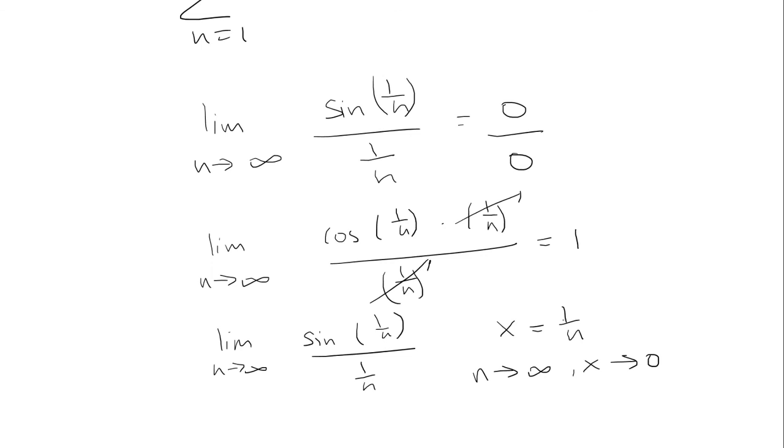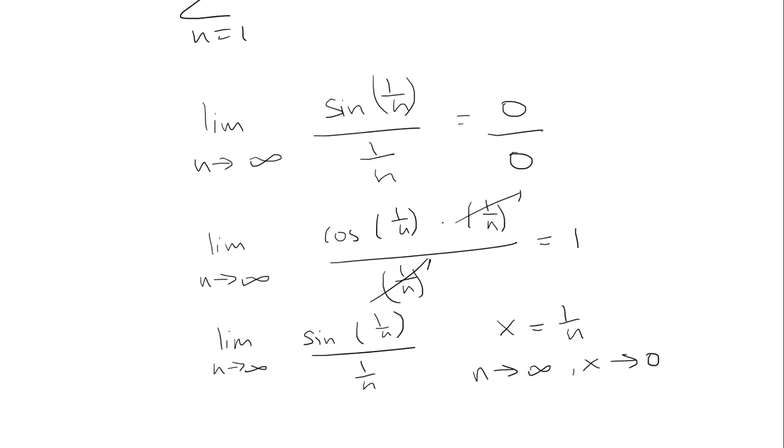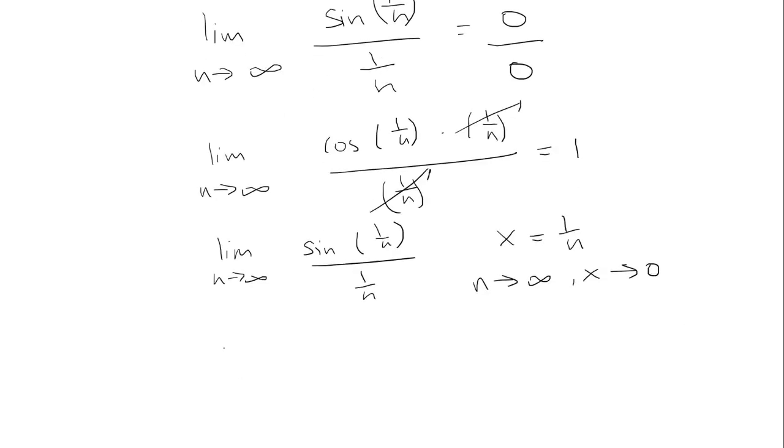Because if n approaches infinity, 1 over n approaches 0, so x will have to approach 0. So now you could just rewrite your limit in terms of x. As x approaches 0 of sine x over x, we know that is 1. This one is something we memorized back in Calc 1. So regardless, you do get the same answer.